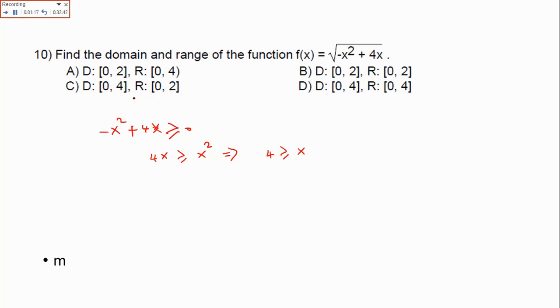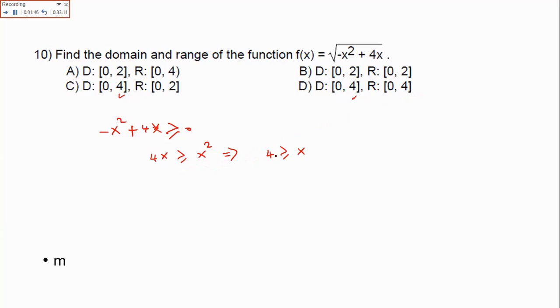Either this is the answer, or this could be the answer, not that one. That one is for the range. So let me just remove this one. This is for the range.